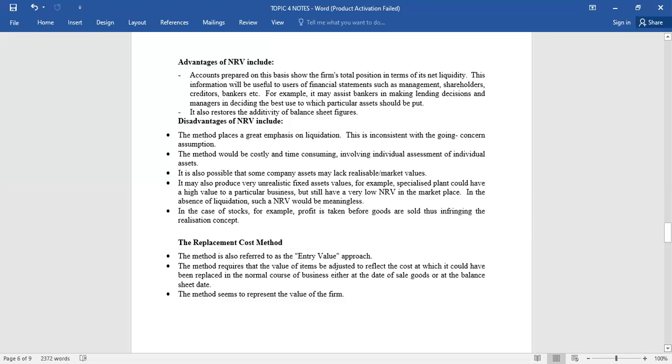Now, this method requires that the value of the items be adjusted to reflect the cost at which it could have been replaced in the normal course of business, either at the date of sale of goods or at the balance sheet date. That's why we are calling it the entry value. That value that you are willing to place your goods at, either at the sales value to realize a revenue or at the balance sheet date.